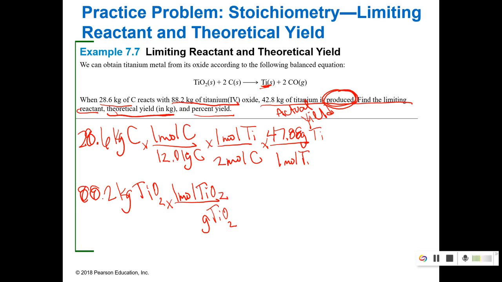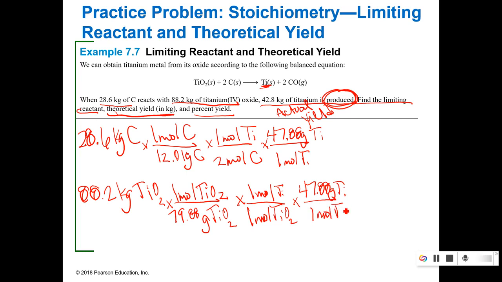So I've got 47.88 plus 32, 79.88 is my molar mass. There's 1 mole of titanium for every 1 mole of titanium 4 oxide, and titanium is 47.88 grams in 1 mole.